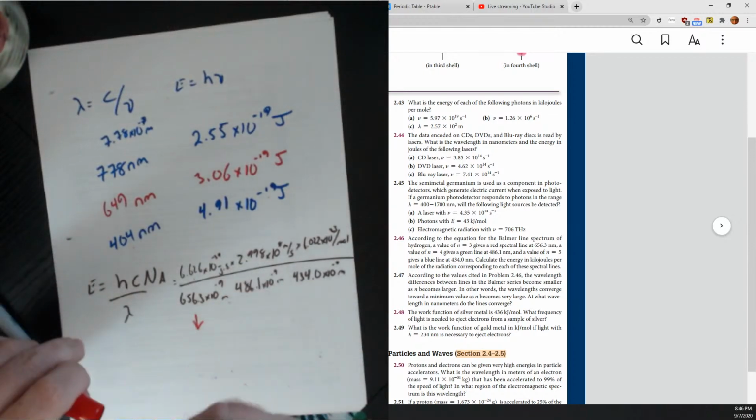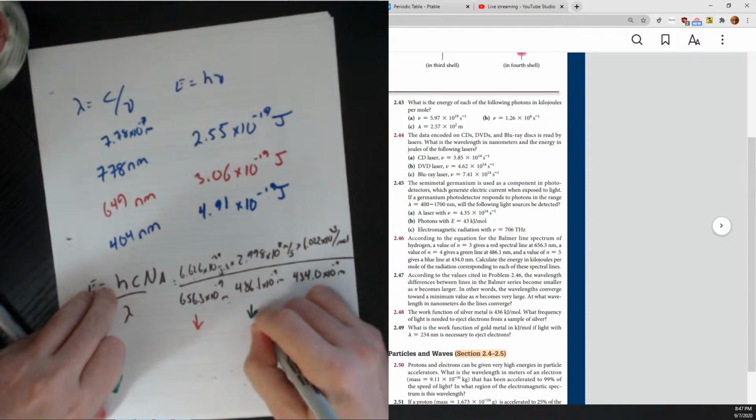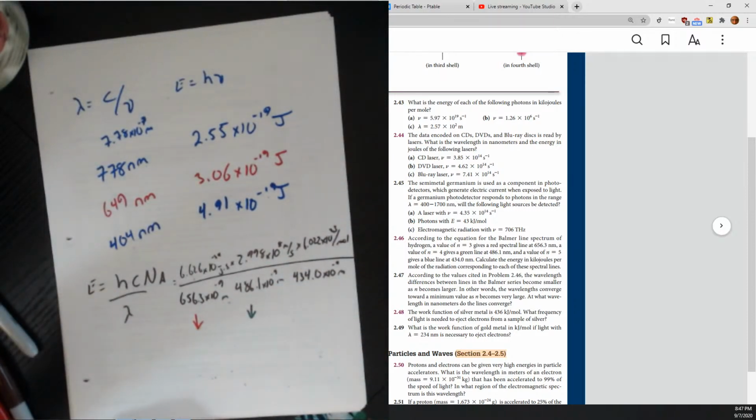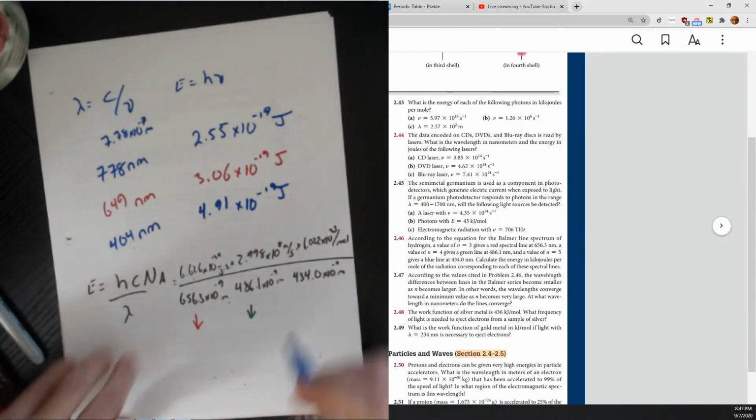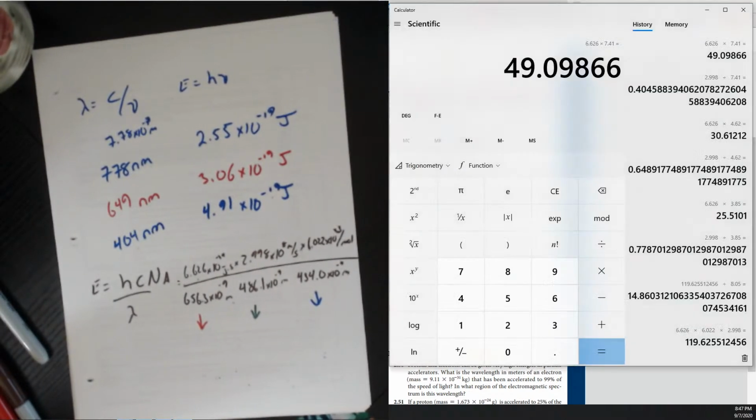This here is red. This one is our green. And this one is our blue. Calculator needs to be up before you can type.